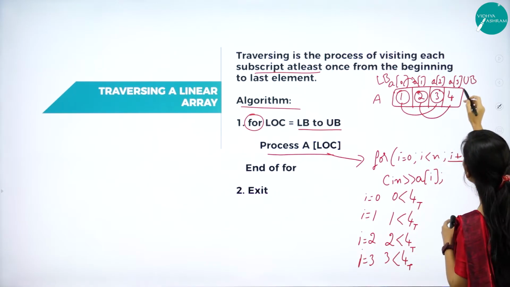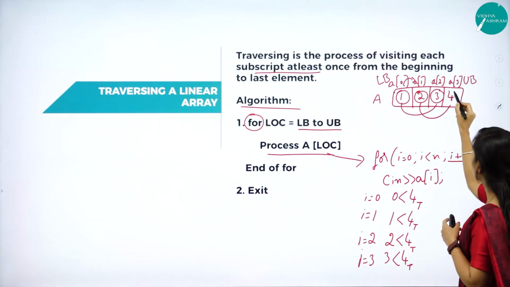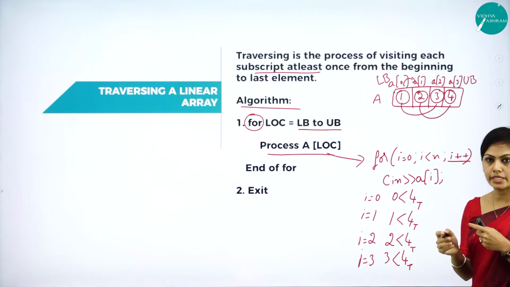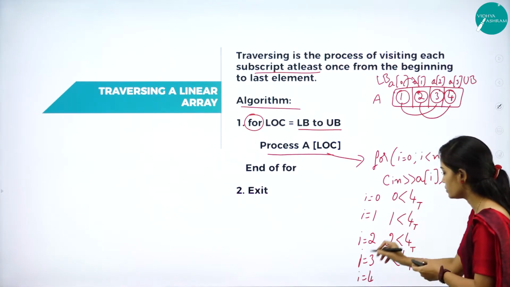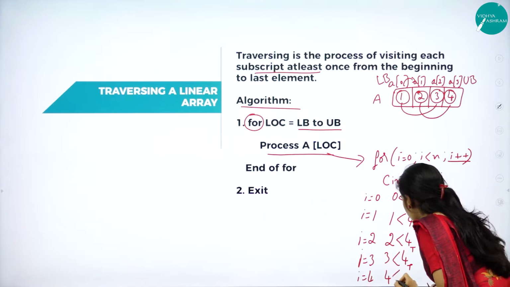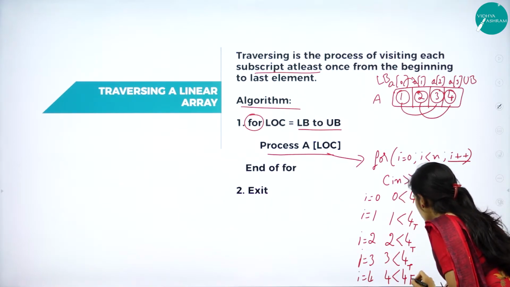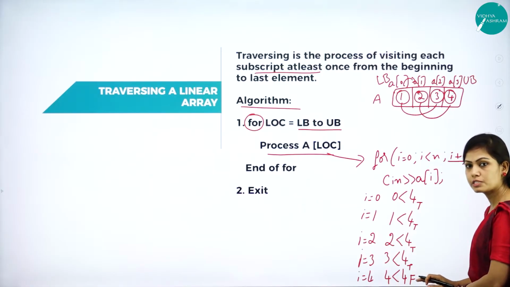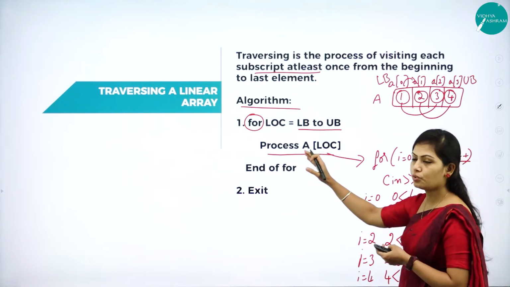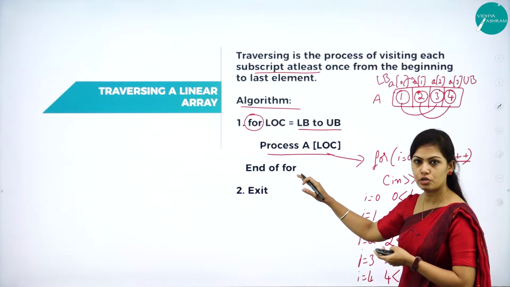Condition is true means in the location A of 3, element 4 is located and I is equal to 4, one value is incremented. 4 is less than 4, the condition is false. Condition is false means it comes out of the loop. So end of for loop.